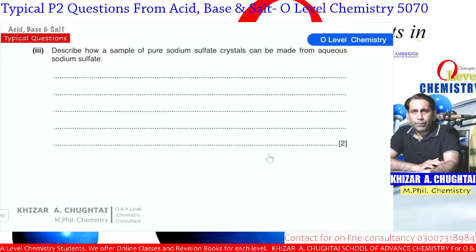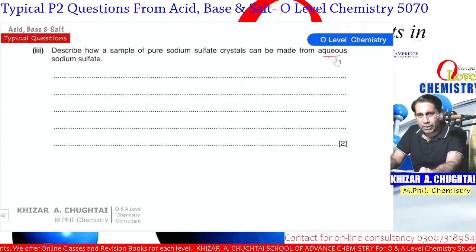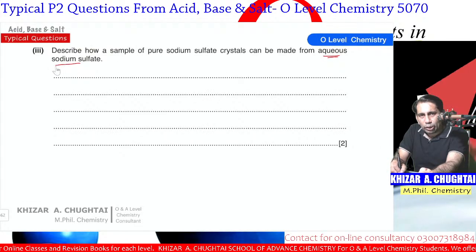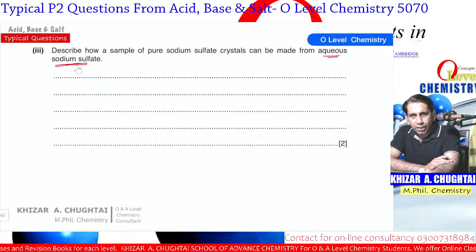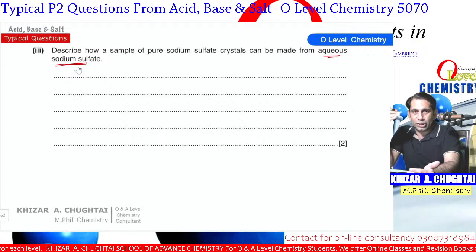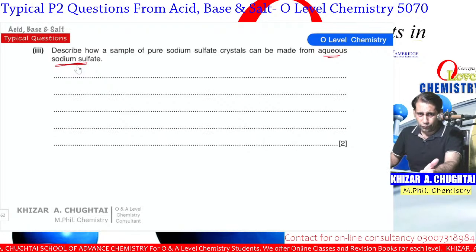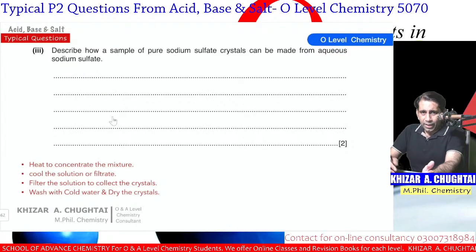Describe how a sample of pure sodium crystals can be made from an aqueous solution. Now, this is a question from chapter number 1. This is said to be the process of crystallization. If you are going to synthesize or retrieve a solid from a solution, there are 3 to 4 points. Here they are.